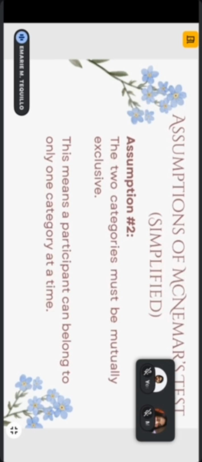So, in assumption number two, it is highlighted here the words mutually exclusive. So, this means a participant can belong to only one category at a time. So, it can't be that you passed while at the same time failed because there's no such thing. So, if you passed, you cannot fail. Right? Do you get the logic?